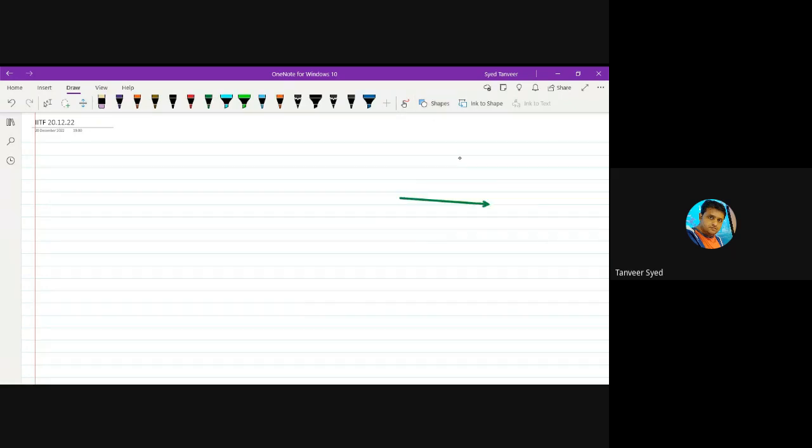I'll take the same parallelogram. This is the vector P. This is vector Q. Angle is theta between these two.